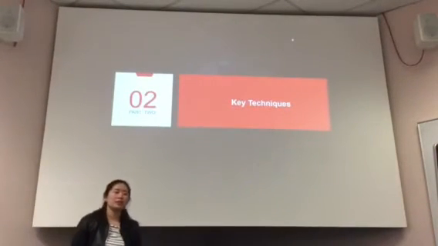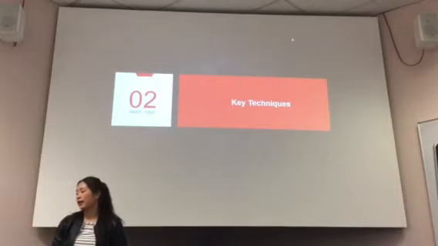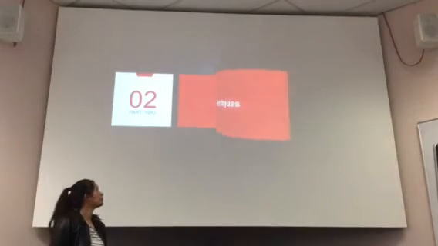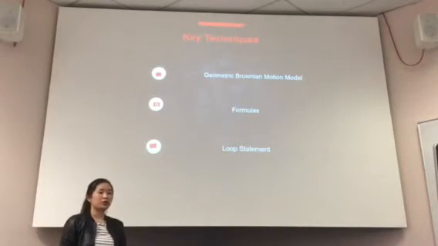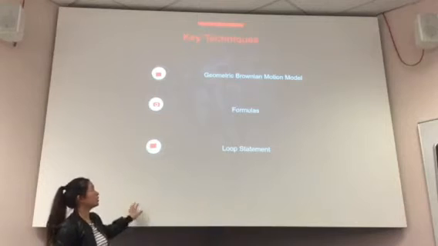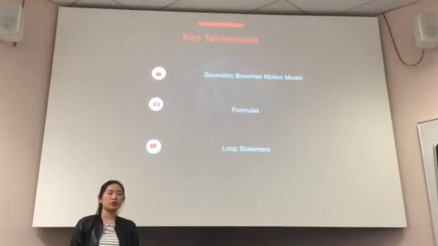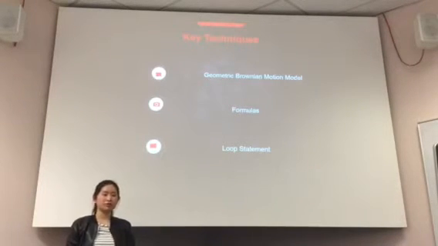And now let me introduce the key techniques. There are 3 parts in the key techniques, and I will introduce the first technique. It is the geometric Brownian motion model.